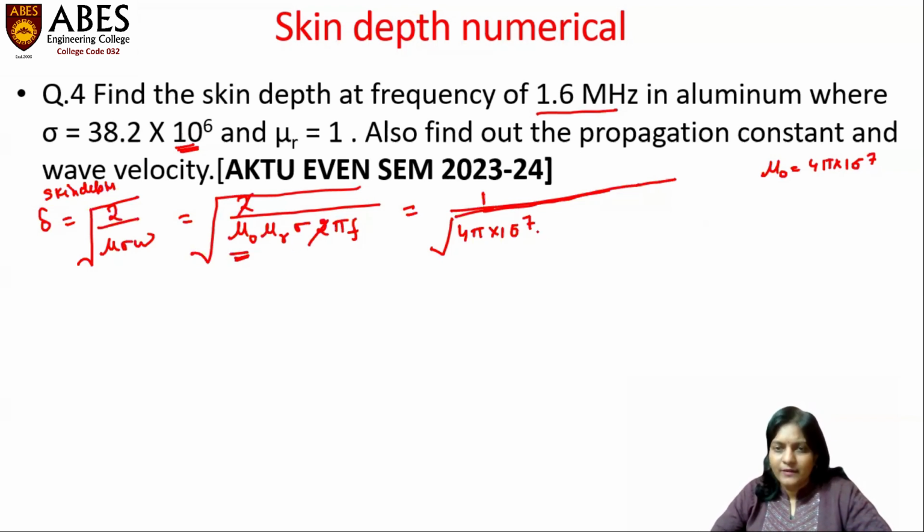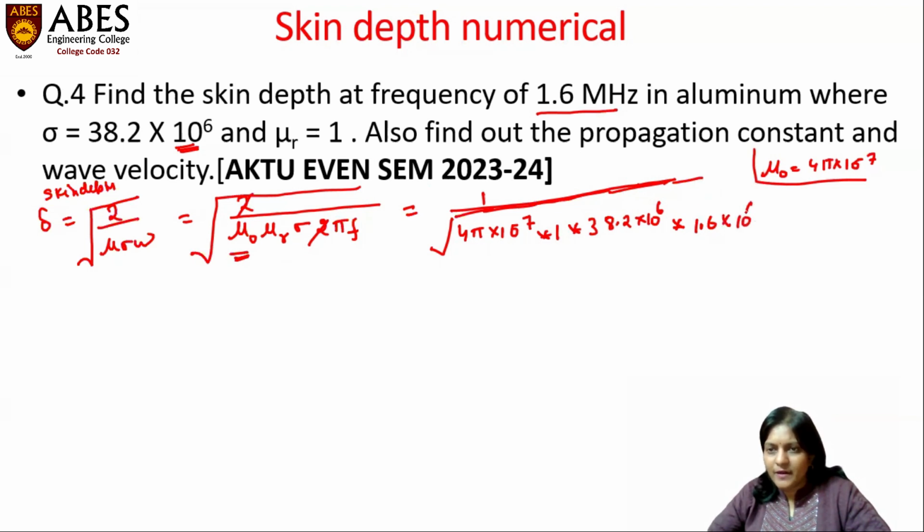Mu r is 1. Sigma is the conductivity, which is 38.2 into 10 to the power 6. And the frequency is 1.6 into 10 to the power 6. And we will find the skin depth from here.